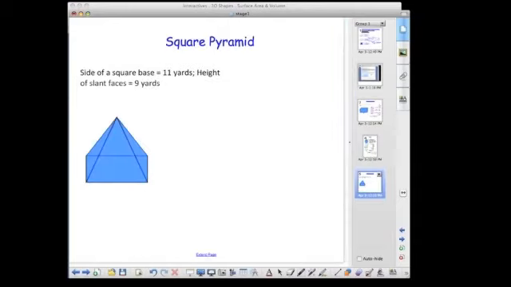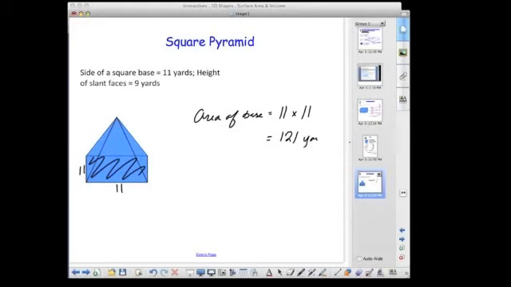Lastly, we're just going to review the surface area of a square pyramid. Remember, the base of a pyramid is a square. So when it says the side length of a base is 11, that's this side length. It's also this side length. I can say the area of the base is 11 times 11, and that number is 121 yards squared.